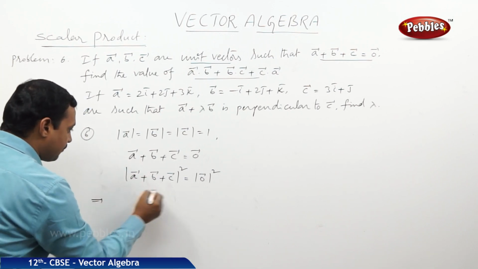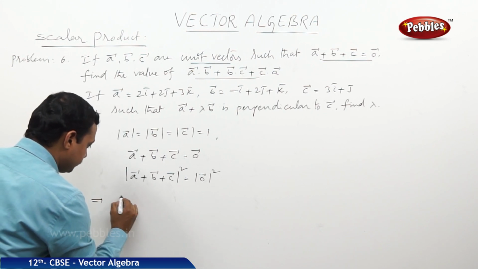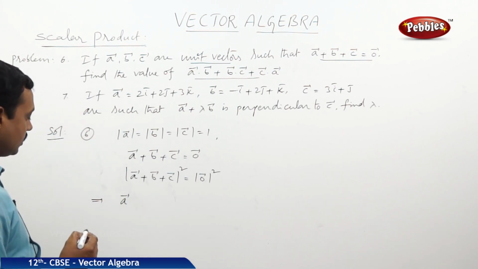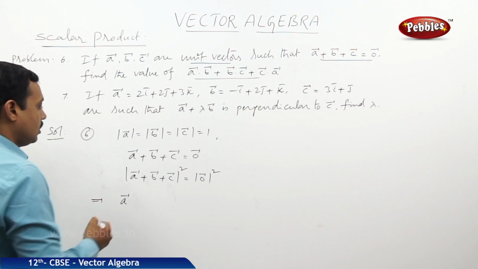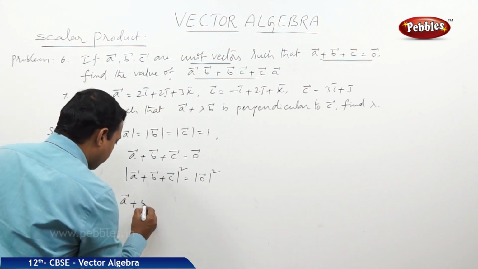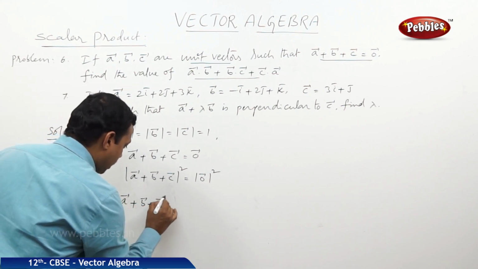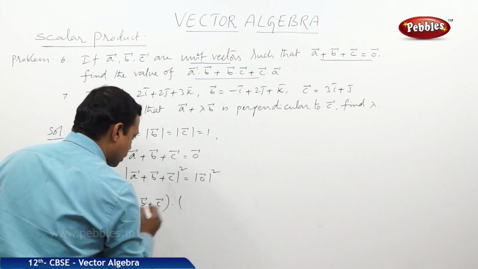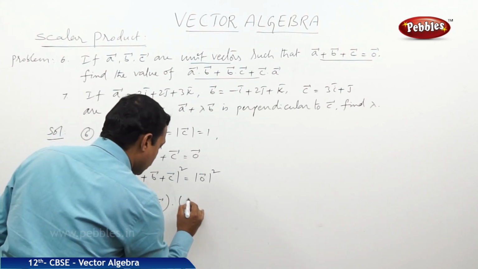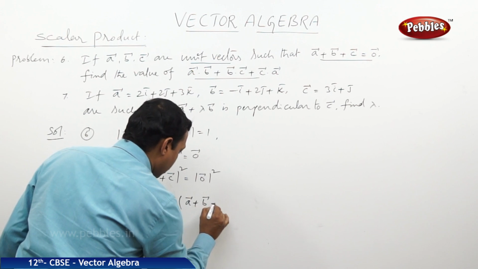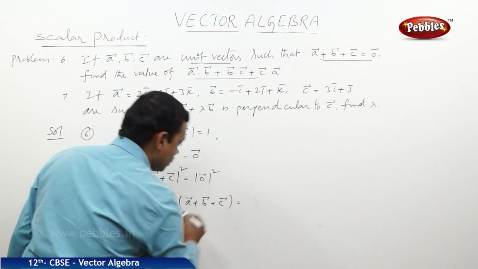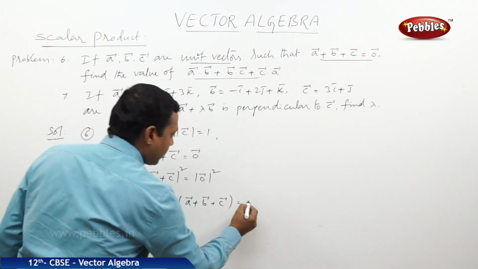And now the left side part becomes A bar plus B bar plus C bar dot A bar plus B bar plus C bar is equal to the magnitude of null vector, which is 0.